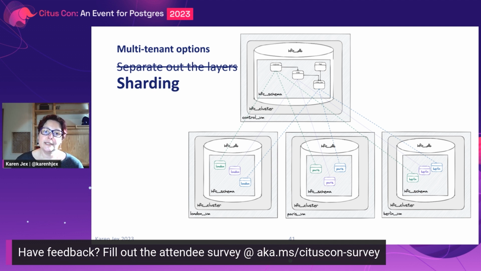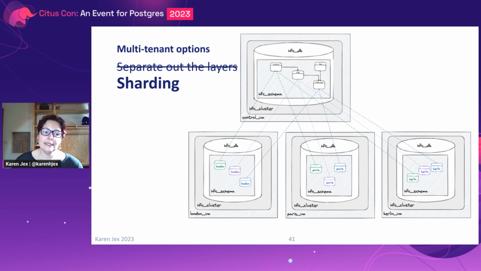So it almost takes us full circle to the idea of having one VM per tenant. But in this case, we've also got a control VM. So we have a VM that contains our main coordinator tables, and then the partitions in a VM per tenant.